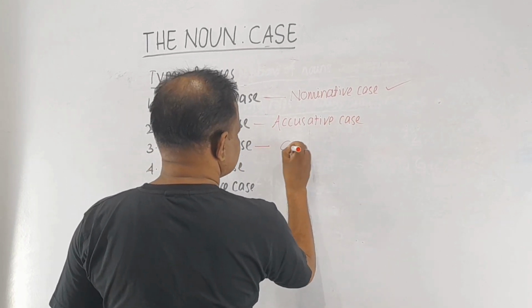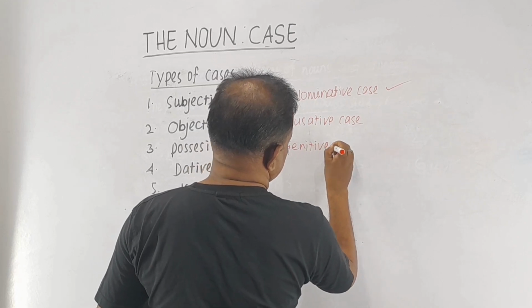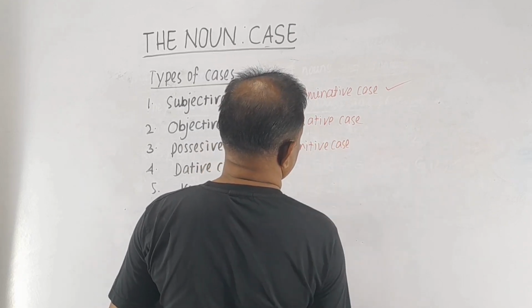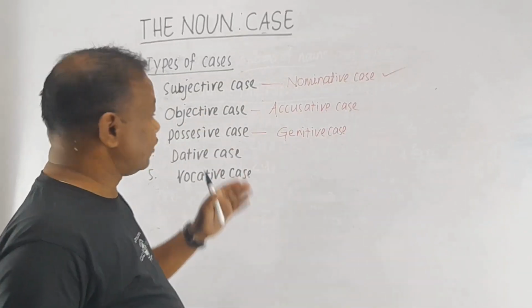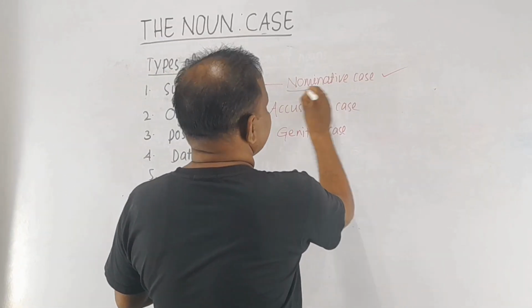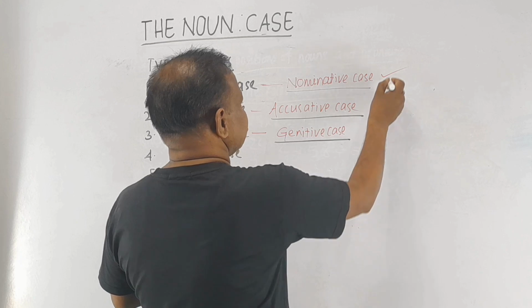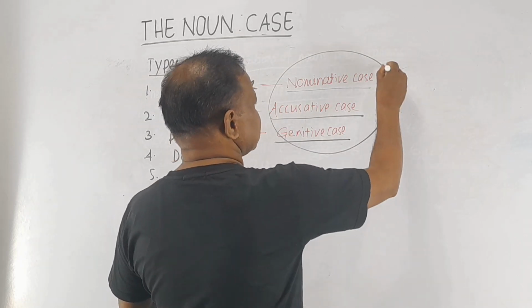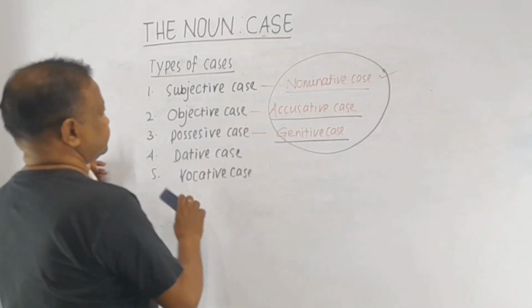Similarly, possessive case is known as the genitive case. Okay, these are the 5 cases of nouns. But out of these 5, nominative case, accusative case, and genitive case, these 3 are the most important cases of nouns.